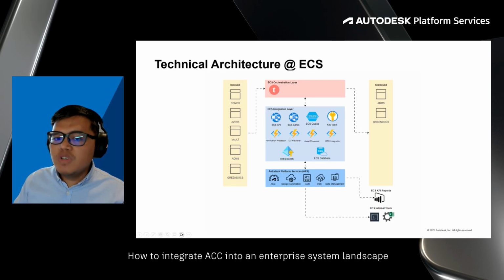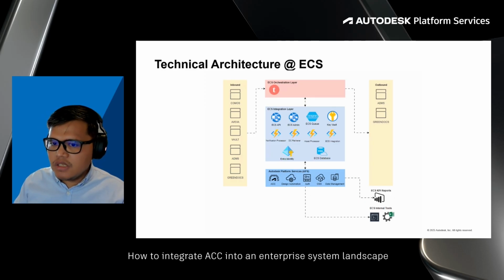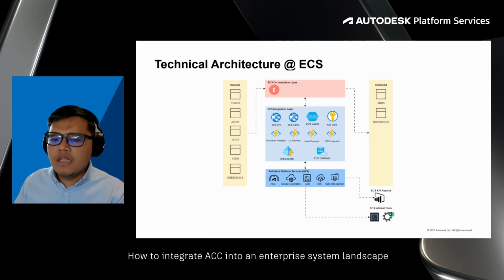Talend, we use as a primary orchestration layer, allowing us to securely access our on-premise resources as well as our cloud infrastructure. If you notice, we are using Autodesk Platform Services such as ACC API, Design Automation API, Authorization and Authentication, OSS, and Data Management API.